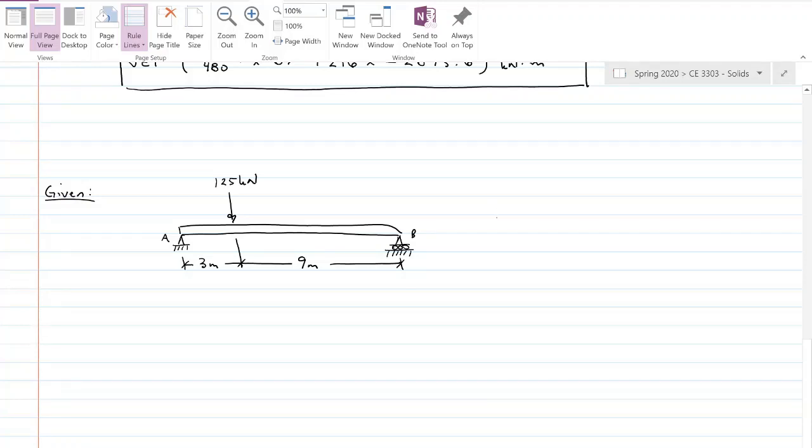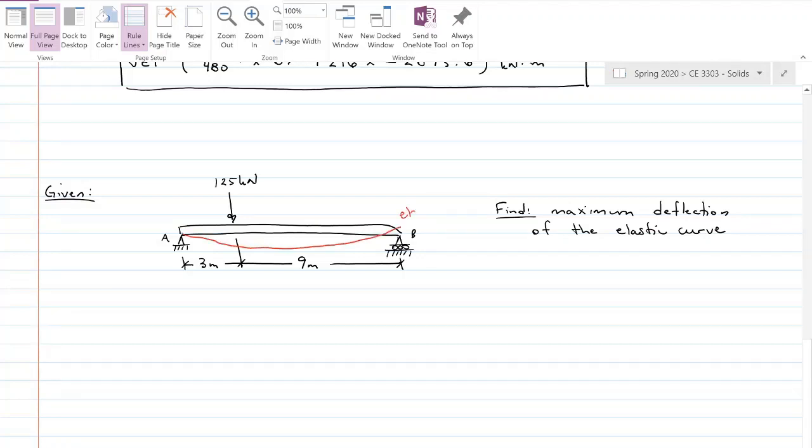This time I want to find the maximum deflection of the elastic curve. Okay, so looking at this, it looks to me like it's going to just bend down here and then come back up.